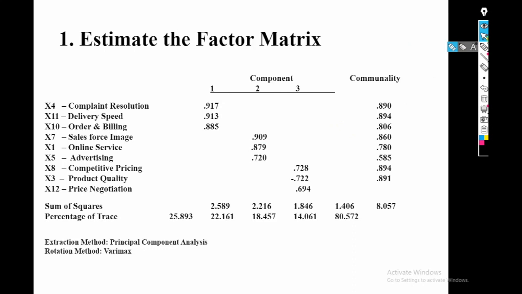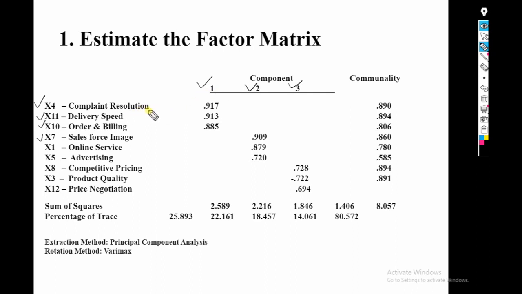In this factor matrix we can see there are three components, component 1, 2 and 3, horizontally, and vertically these are the variables x4, x11, and so on. Generally, the purpose of the factor matrix is to know which particular variable is highly related to which factor.